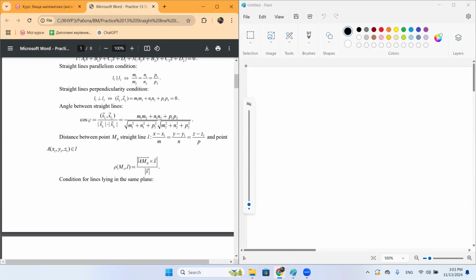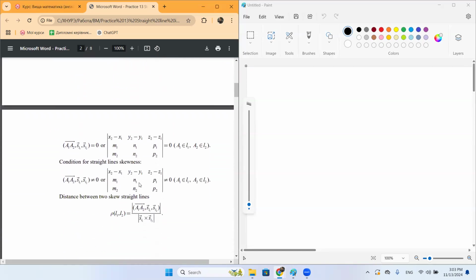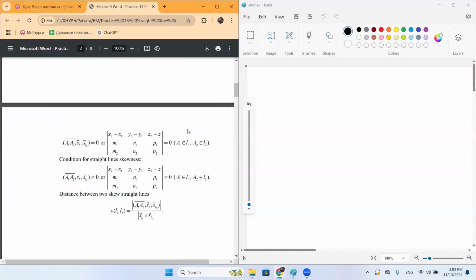So we need to divide the magnitude of the cross product of the direction vector and vector AM0 by the magnitude of the direction vector.